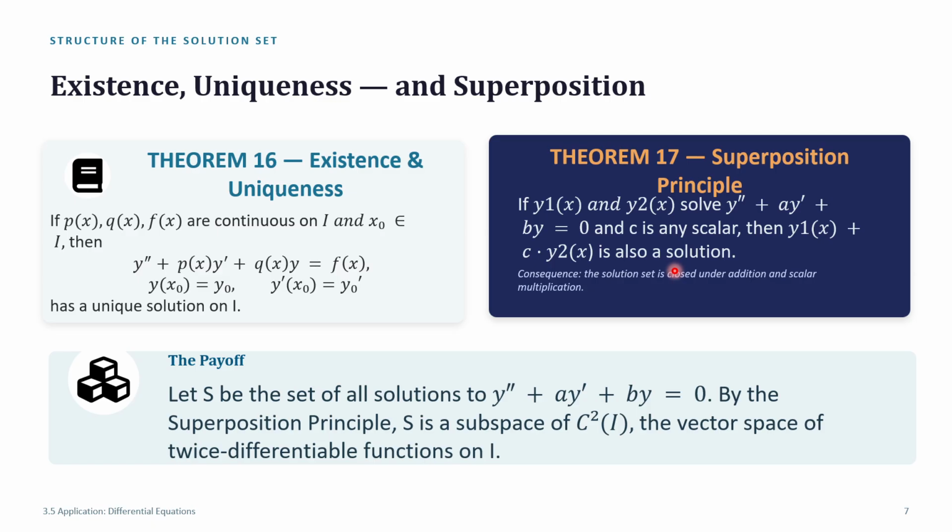Let S be the set of all solutions to y double prime plus ay prime plus by is equal to 0. By the superposition principle, if you recall the theorem in section 3.2, we know that S is a subspace of C squared of the interval, the vector space of twice differentiable functions on the interval.